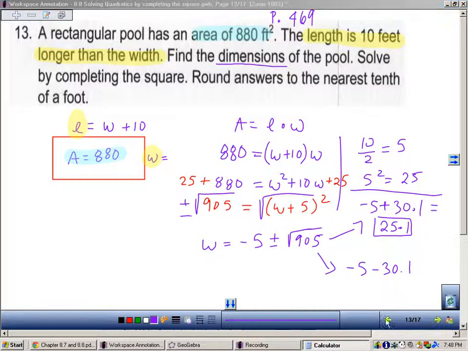Here, see that's a negative value, and there is no need for negative length, no siree. So this can be ignored. This value here can be totally ignored and excluded. And so we know that the width is 25.1 feet.